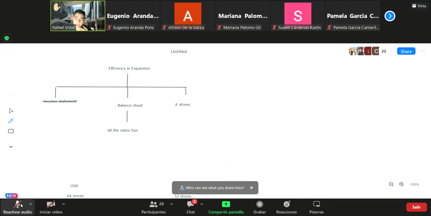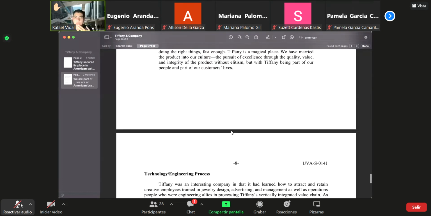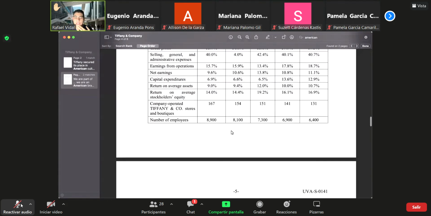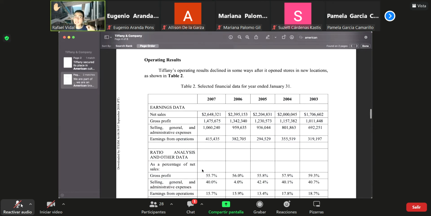If you look here, Pamela, actually, to the income statement, are they losing money in their profit? No, right? They are gaining more money. However, the margins are the ones that are decreasing, and that's because they closed stores in Japan.